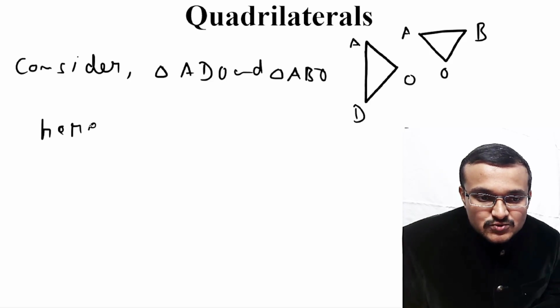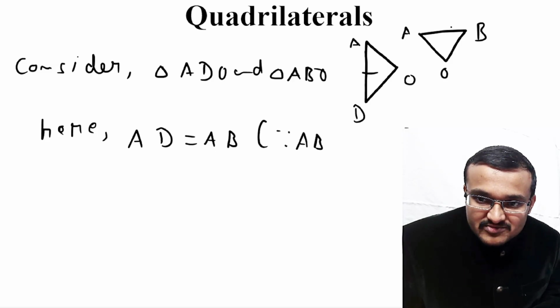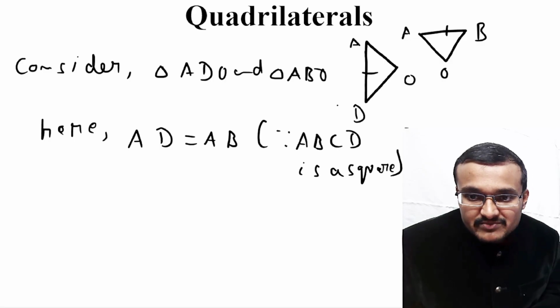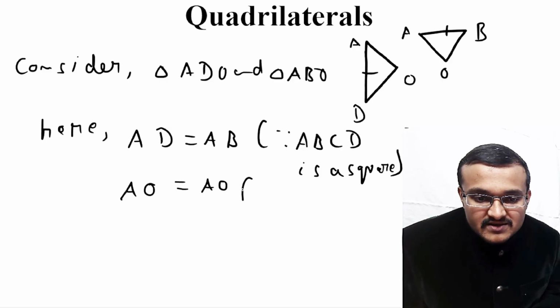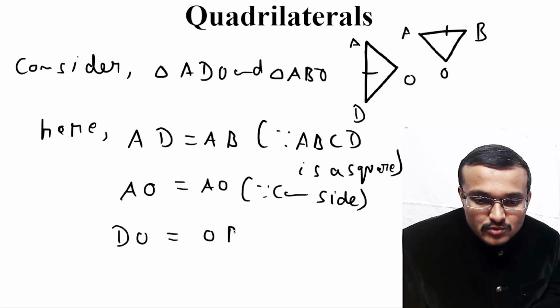In these two triangles, AD is equal to AB because ABCD is a square, and all sides in a square are equal to each other. AO is equal to AO, a common side for both triangles. And DO is equal to OB, which we have already proved in the previous case.